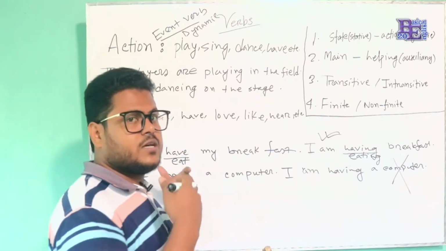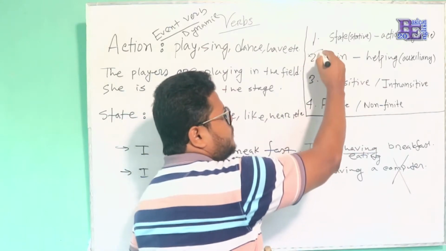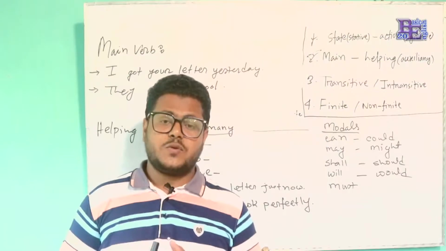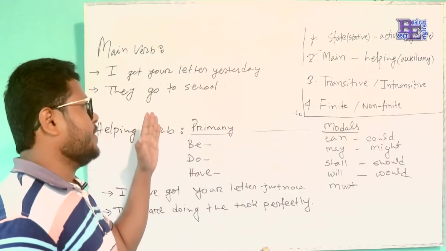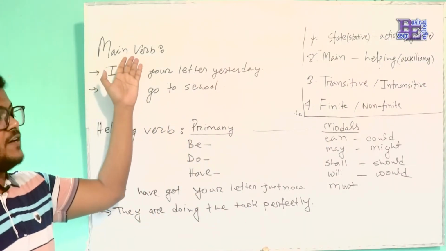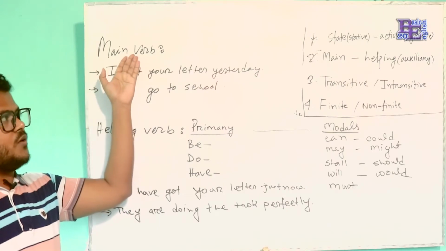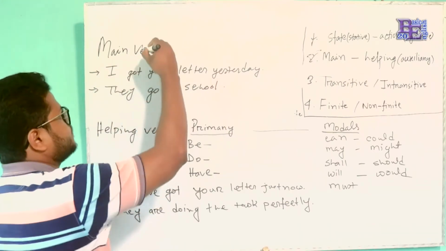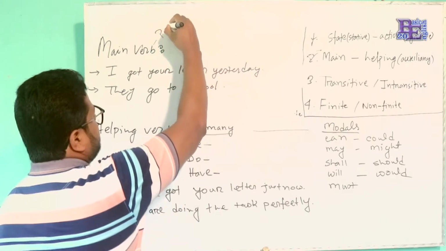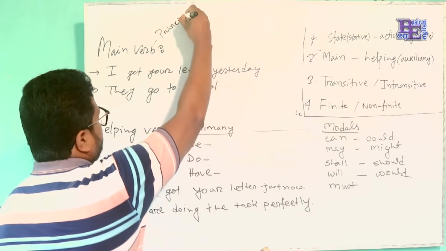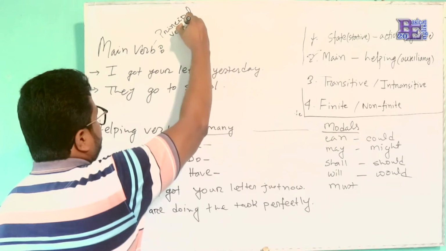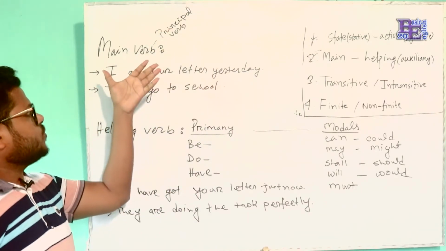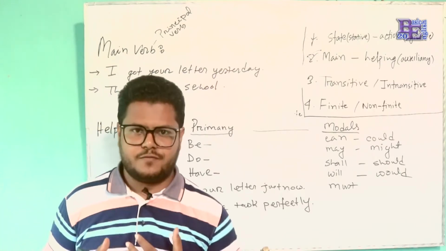Let's move on to the next one, that is main verb and helping verb. As you can see on the whiteboard, I've written here main verb. Main verb has another name, that is principal verb. So what is a main verb?